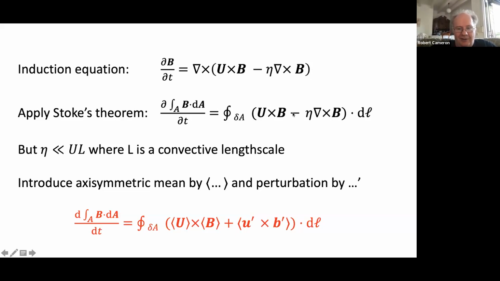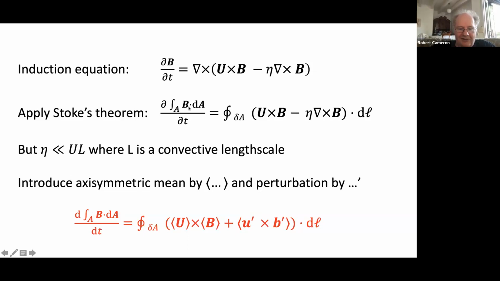It's critical for the dynamo action. However, on the surface, when you evaluate this line integral, its role is going to be negligible and can be ignored. I'm also going to follow the traditional notation and introduce the axisymmetric mean by brackets and perturbations with either dashes or lowercase letters or both.